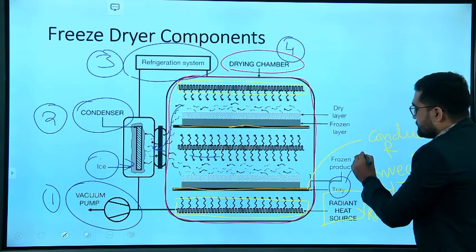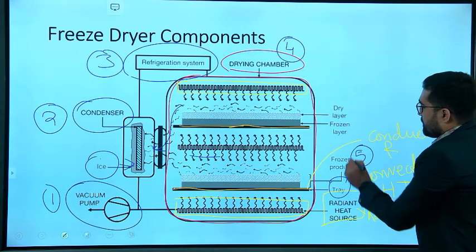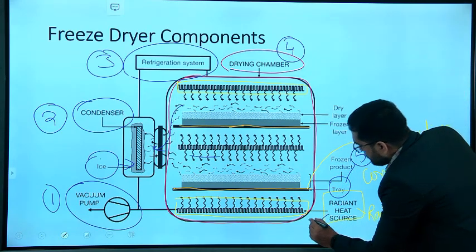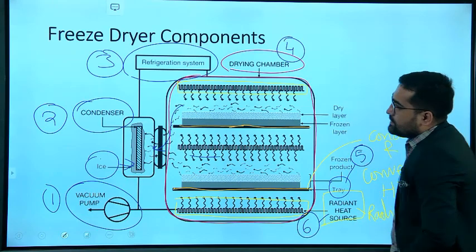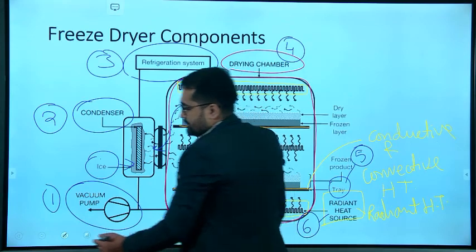These are trays. Then the radiant heat source.